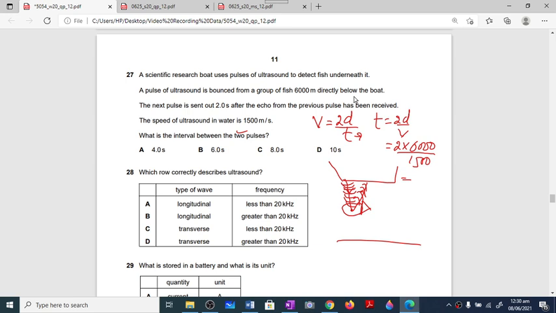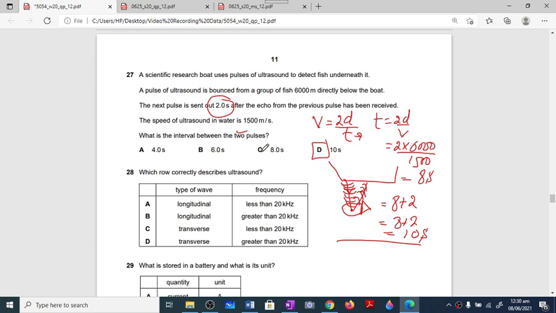The answer for this will be 8 seconds. Now after 2 seconds, the second pulse will be emitted. So what is the total time now? 8 plus 2 equals 10 seconds, which is the correct answer for question number 27.